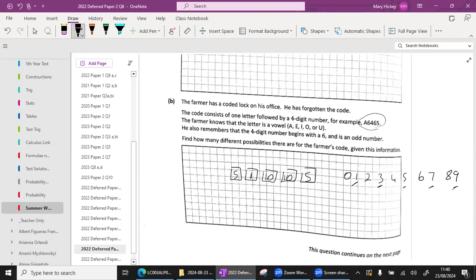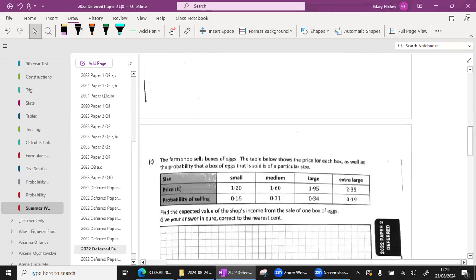So we multiply each one. So 5 by 1 is 5, by 10 is 50, by 10 is 500, by 5 is 2,500. So there are 2,500 possibilities for this farmer's code.